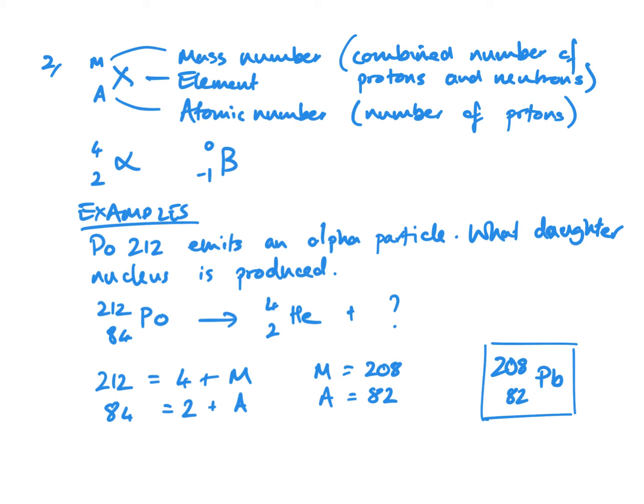You can turn these examples around the other way. So 212 bismuth decays into polonium-212 via emitting a particular particle. So which one must that be? So balance once again.